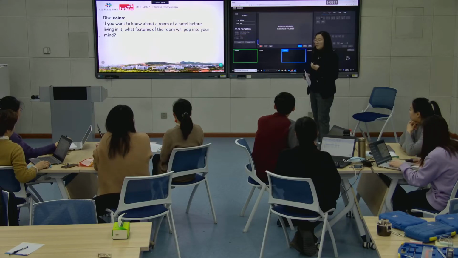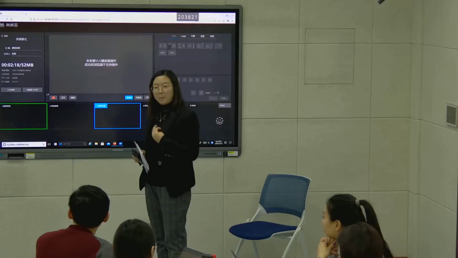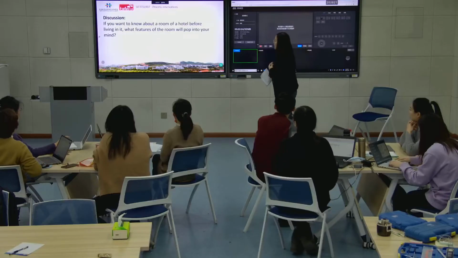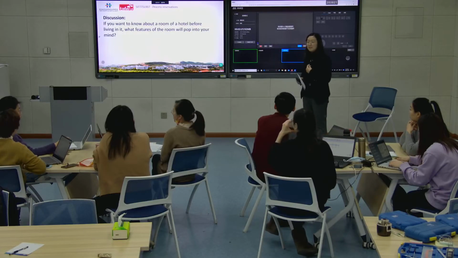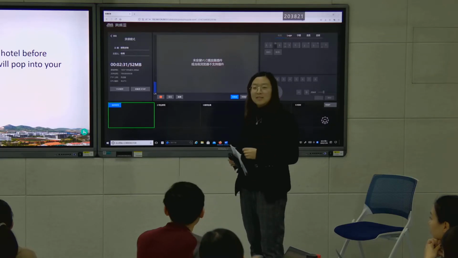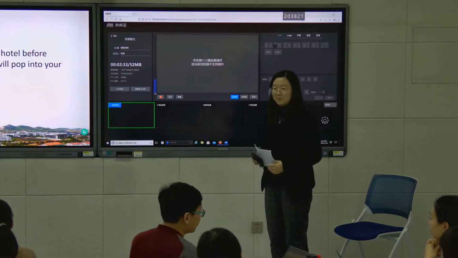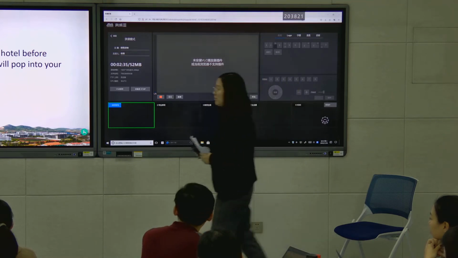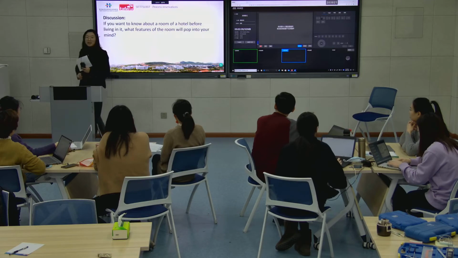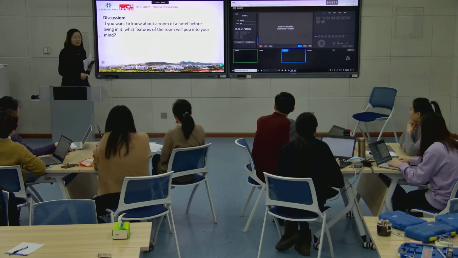Restaurant, good. Any others? Features. The decoration. Decoration, good. Any others? The size of the room. Yeah, good. The size of the room, how big, and it decides the price, right?